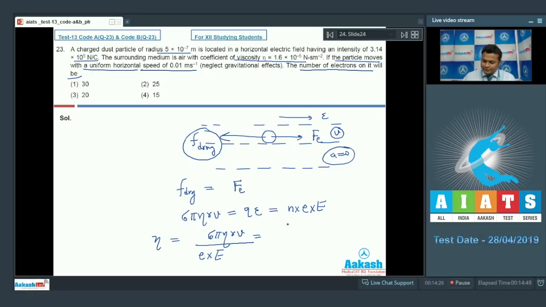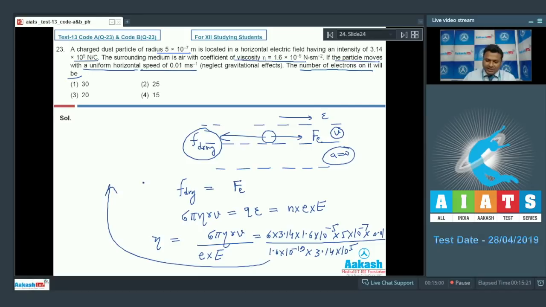Putting the values from the question, 6 into 3.14, that is pi, into eta 1.6 into 10 to the power minus 5 into 5 into 10 power minus 7 into 0.01 whole divided by electronic charge 1.6 into 10 to the power minus 19 multiplied by electric field 3.14 into 10 to the power 5.